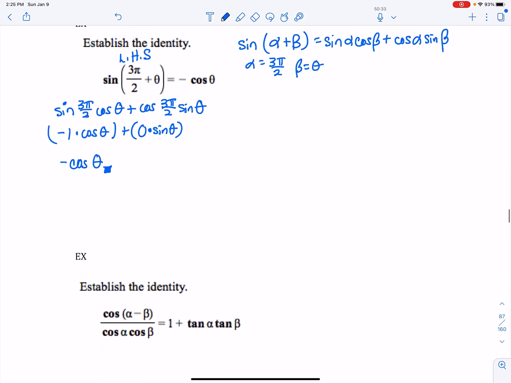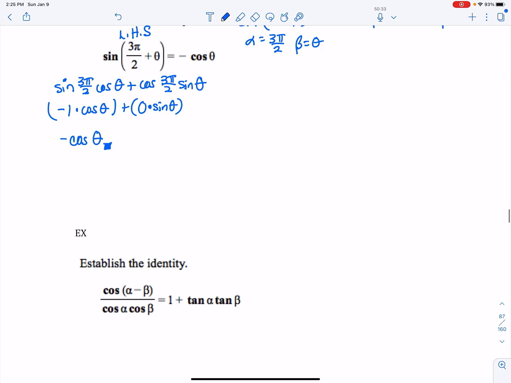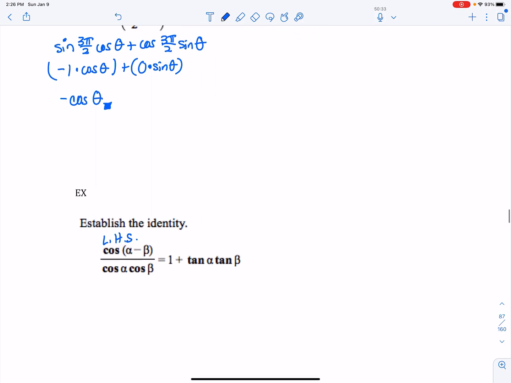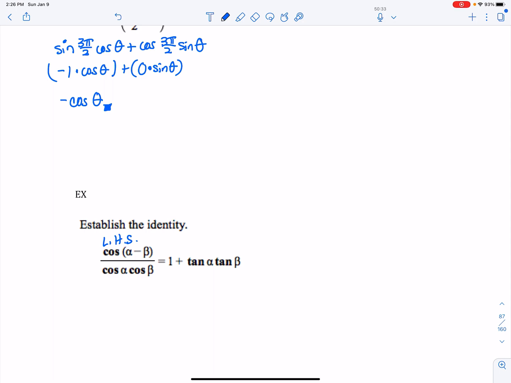Okay, this next one, if I look at this, I see that the left-hand side looks more complicated than the right-hand side. So I'm going to start with the left-hand side. So when I do that, I see I have cosine of alpha minus beta. So I need the cosine formula to be able to handle this problem.